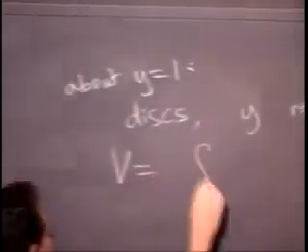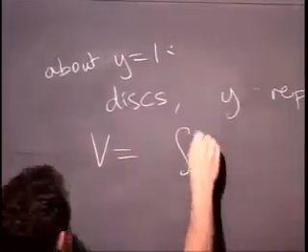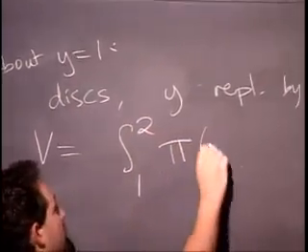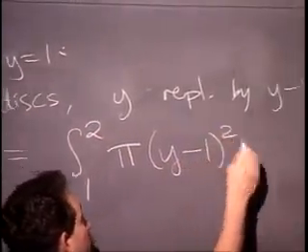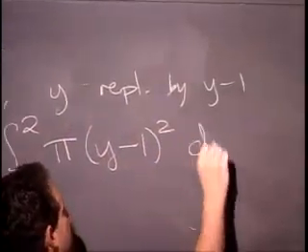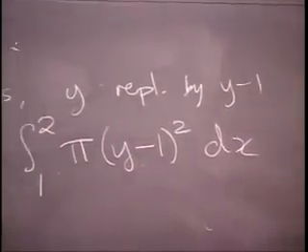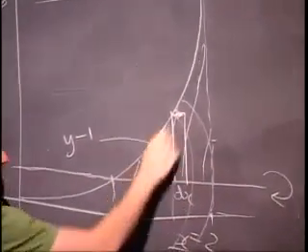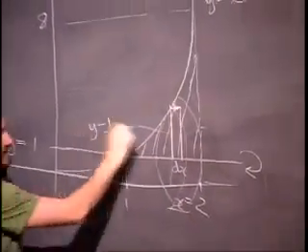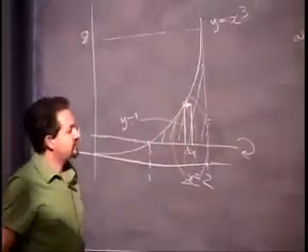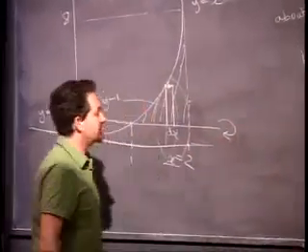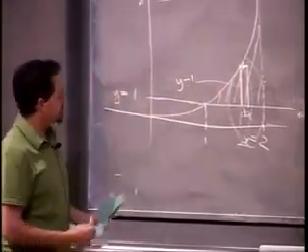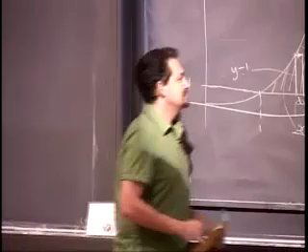The volume is the integral from 1 to 2 of pi y squared, except instead of y squared, it's y minus 1 all squared dx. Again, you can see this by taking the disk. The disk has radius y minus 1 and thickness dx. And so that completely justifies that formula, even if you don't like the translation trick.